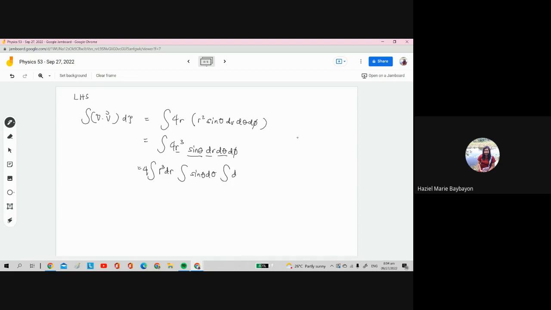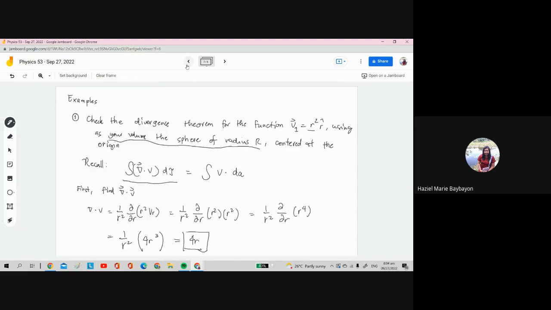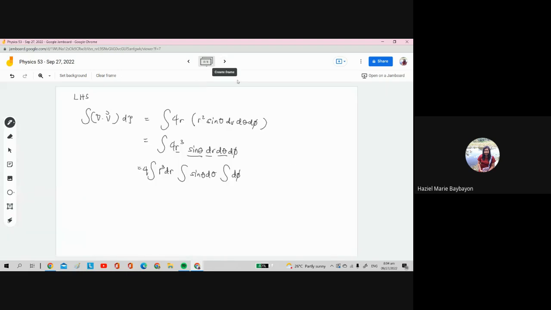Okay, now for the limits: the radial limit is from the origin towards the radius of the sphere, so from 0 to r.